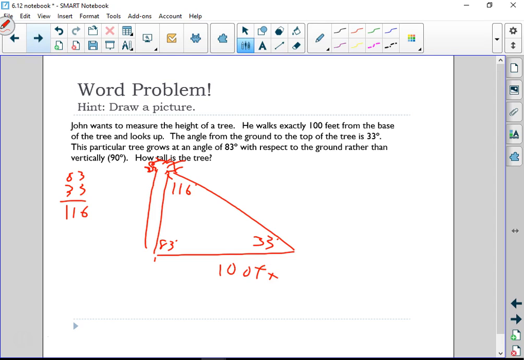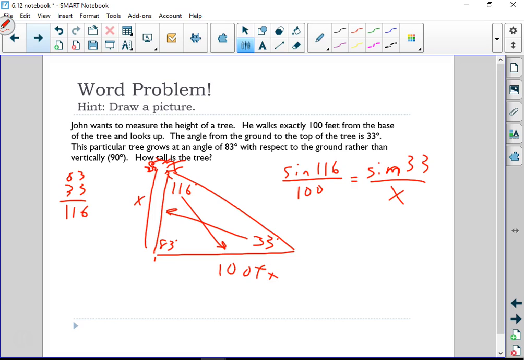I need that to go along with my 100 feet. Because I'm going to say the sine of 116 over 100 is equal to the sine of 33 over x. That's my x right here, the height of the tree.